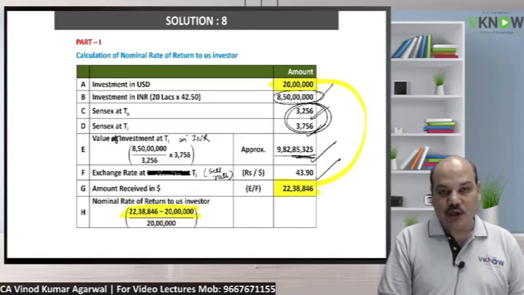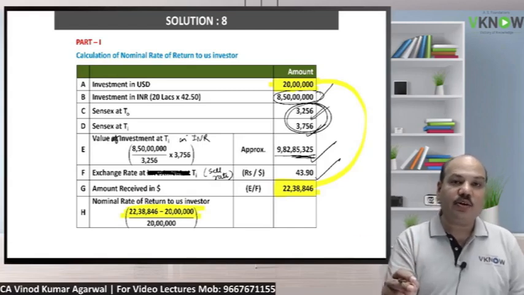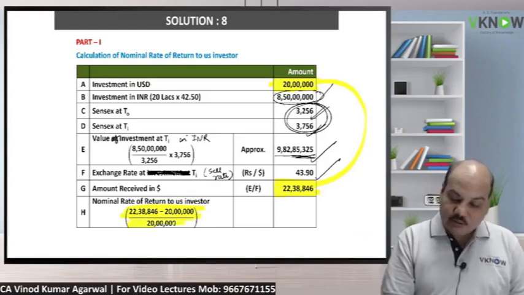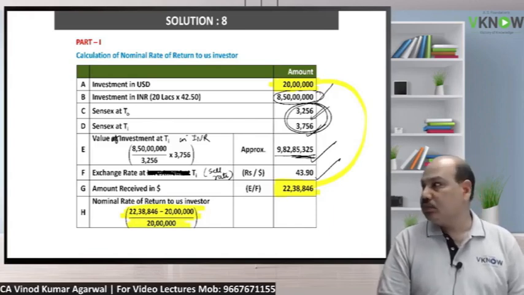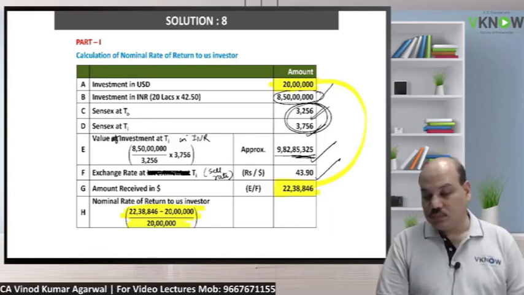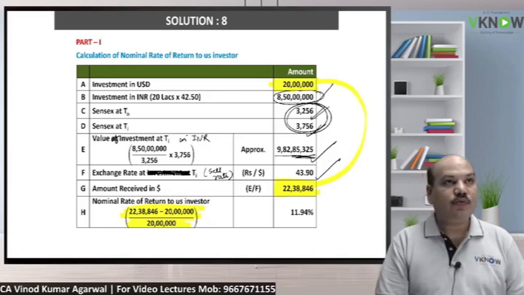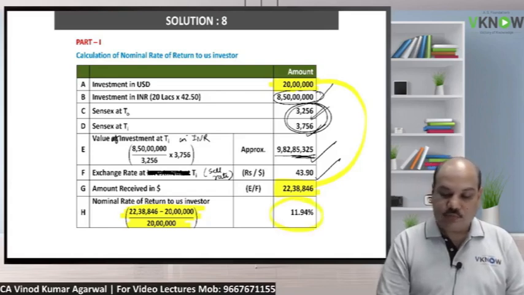That is the value of investment now in dollar, minus 20 lakh. That was the value a year back, and divide by 20 lakh. So that comes to 11.94%. So this is your first answer.